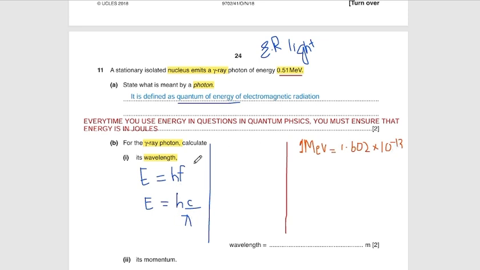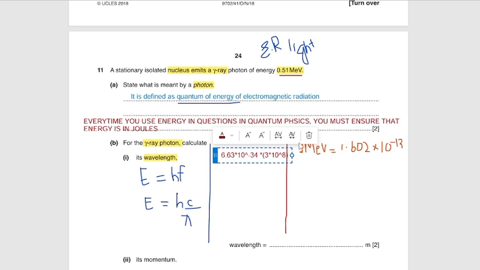We will write h, which is 6.63 into 10 raised to the power minus 34, into 3 into 10 raised to the power 8, which is our c here.